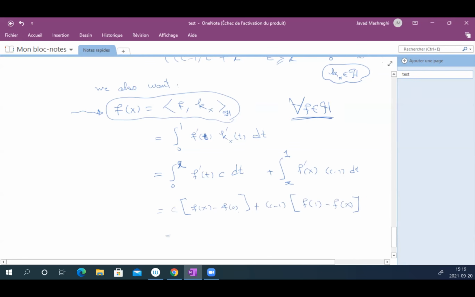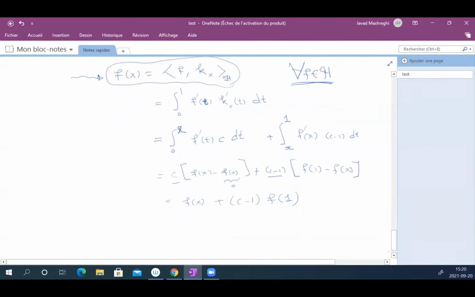Simplify. We know that f(0) is equal to 0, as it is in the space, which is good. For f(x), we have c here and 1 − c here because of the minus sign, so it's just f(x). That's good. We want this. And what else do we have? Plus (c − 1) f(1). This term stays for a general element of the space.